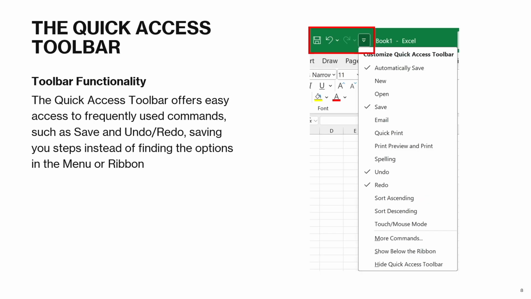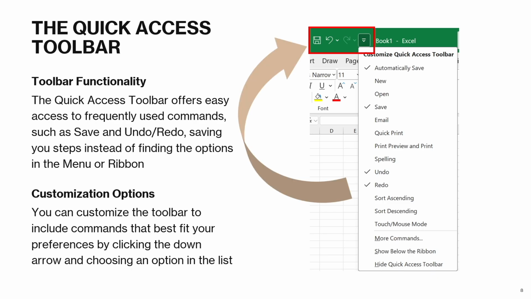Toolbar is a way for you to access frequently used commands such as the save, undo, redo, print. So you have the option of deciding or selecting different functions or commands that you use often. So rather than you having to search for them throughout the menu bar, through the menu group, you can access them through your quick access toolbar.